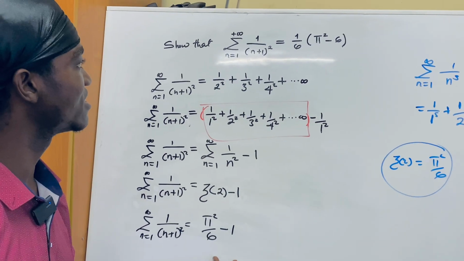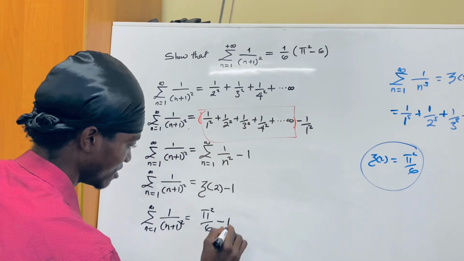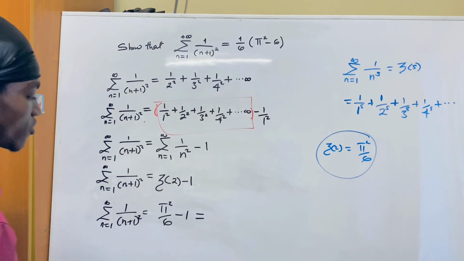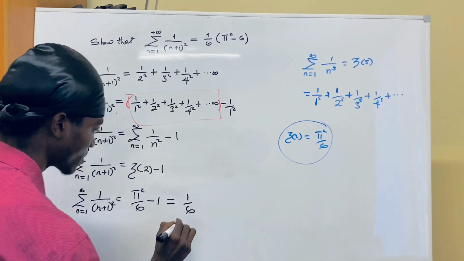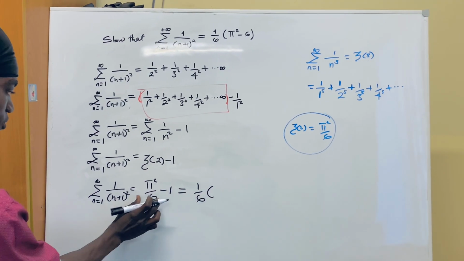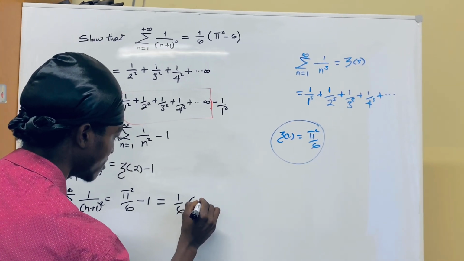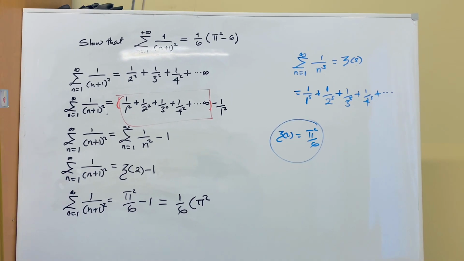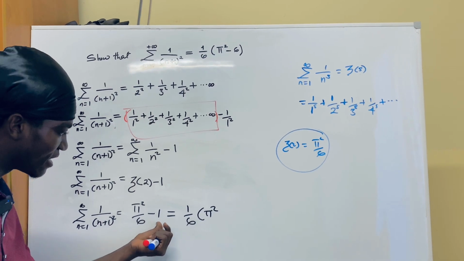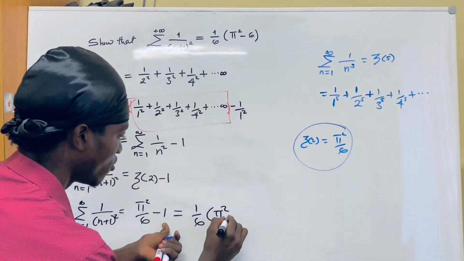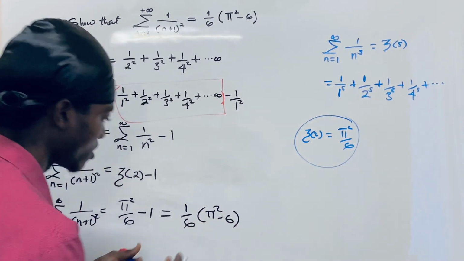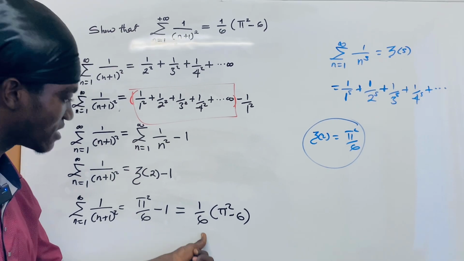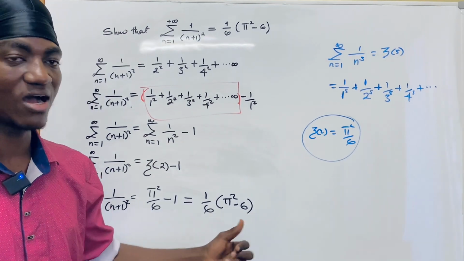But how is this equal to this? It's very simple. All we need to do is just to factor out 1 over 6. Open a parenthesis. When you take 1 over 6 from here, you have just pi squared. And in order to get 1 here, it means you have to minus 6, so that when you do 1 over 6 times 6, you just get what? 1.